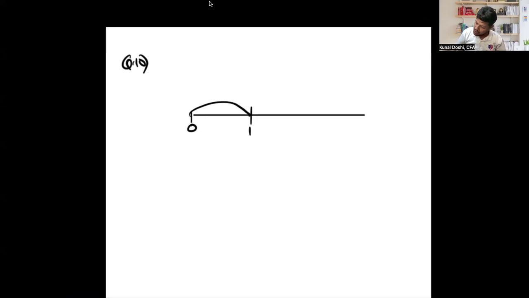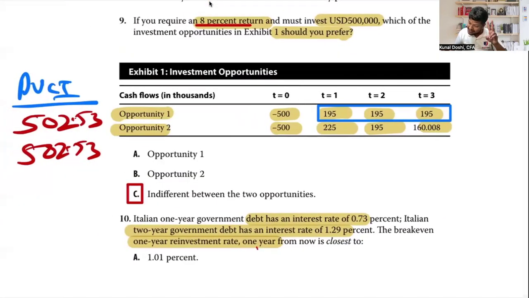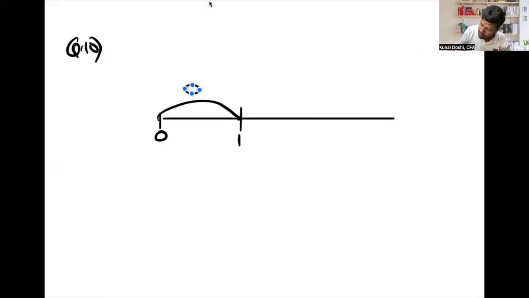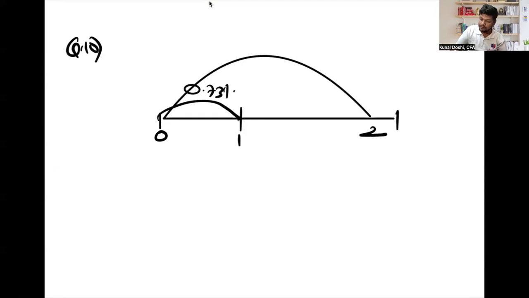What they have given me is the 1-year rate from today, which is called the spot for 1 year. And what is the 1-year rate? 0.73, and 2-year is 1.29. Sorry, I'll write it better.